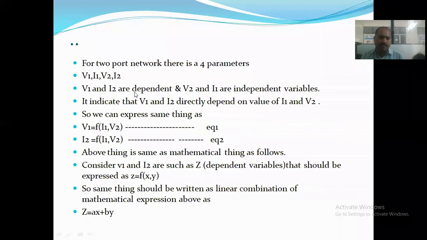See, we know that we have to express it as Z is equal to AX plus BY, because this equation is in the form of mathematics. For that purpose, in Z is equal to AX plus BY, A is a constant, B is a constant, X indicates the X variable, and Y indicates the Y variable.